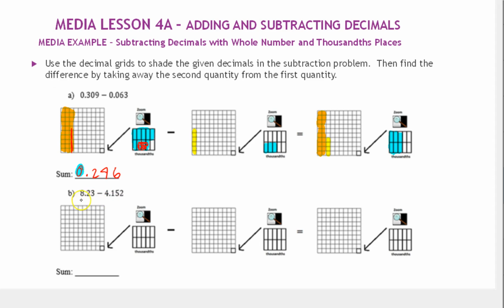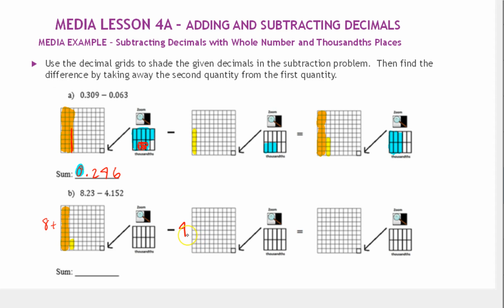Okay, next problem. So we have whole number parts here. Okay, so we have 8. And here we also have 4. So I'm just going to write those there. So 8.23 is going to be 8 and 2 orange strips and 3 yellow squares. So let's get this ready. There's our squares.